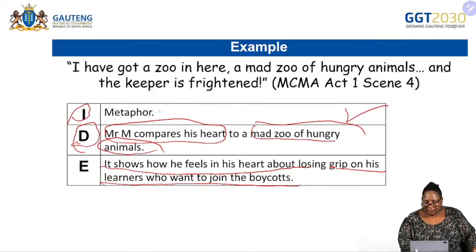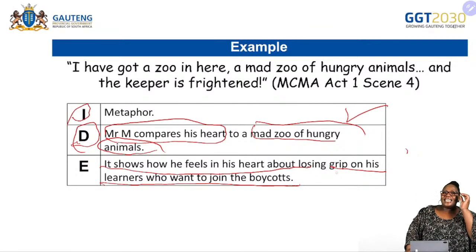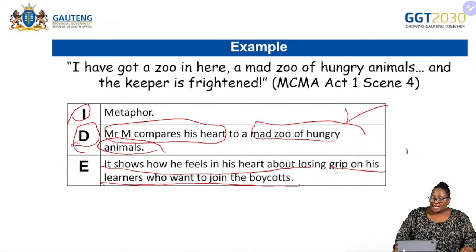So for the metaphor, it's 1 mark. And when you describe the idea now, D, you show us the comparison and you explain what is happening in that metaphor. Again, please do not give us an explanation of what a metaphor is.